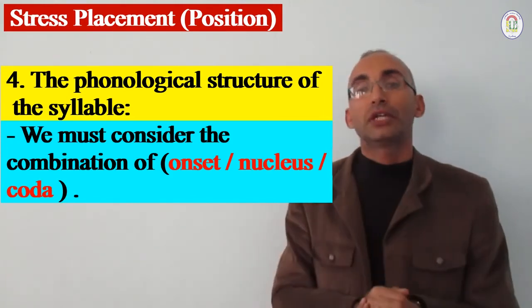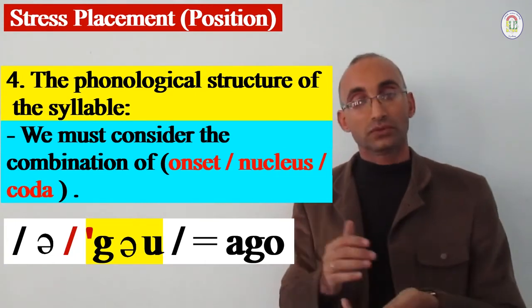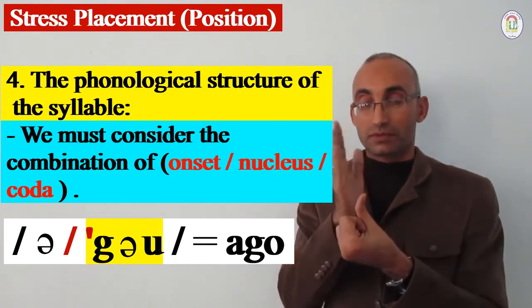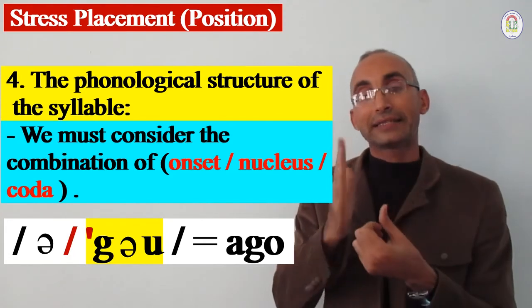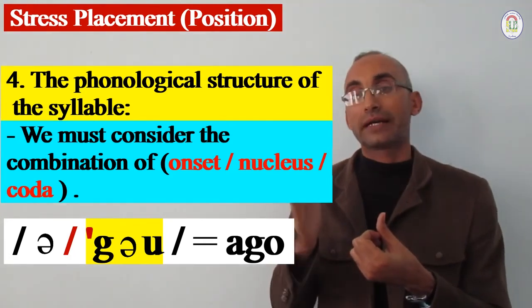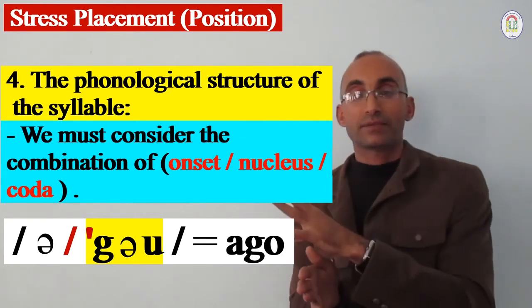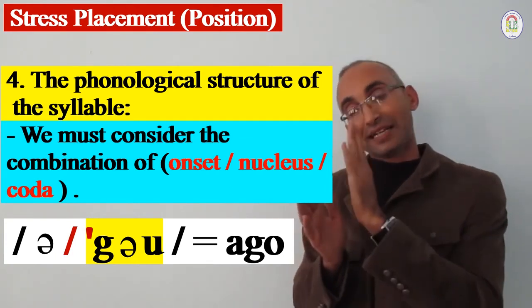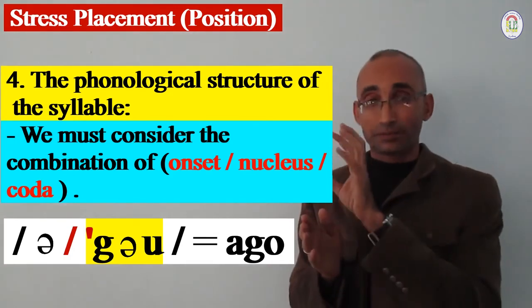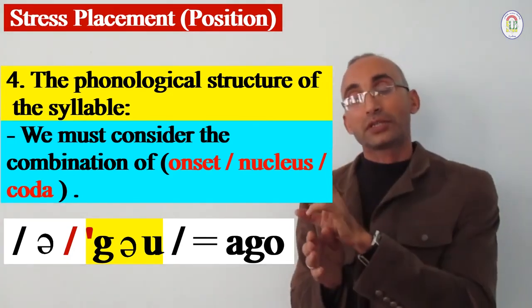For example, I have a word with two syllables, and the second one is stressed. We know the second syllable contains an onset and only a nucleus without a coda.